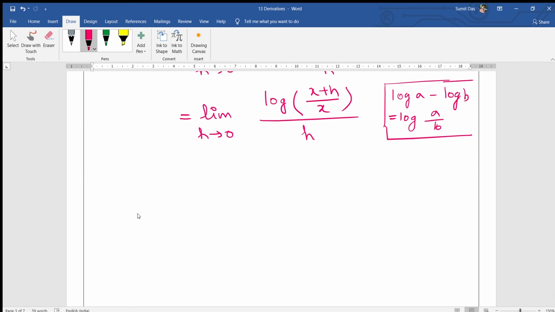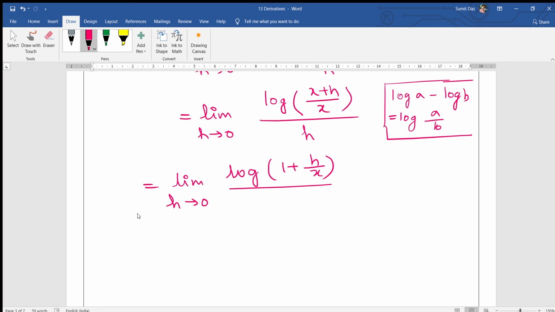Next it will be limit h tends to 0, log of 1 plus h by x. Look here, I'm just splitting x by x, it will be 1, and h by x is this.